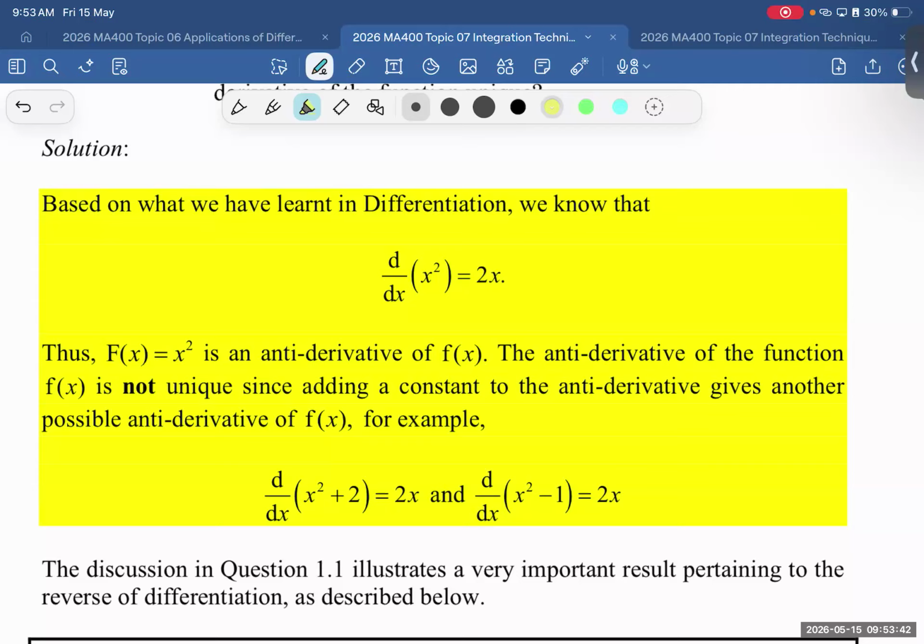So there's some constant that may have passed away. What does this tell us? The antiderivative is often not unique. It's always not unique for an indefinite integral.